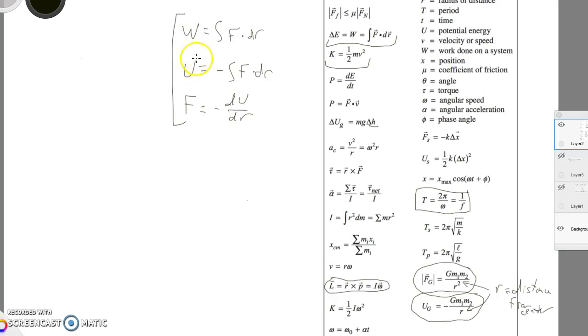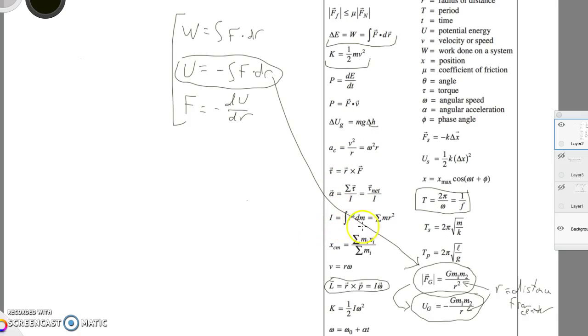Okay? And if you apply this to this equation here, that's where this equation comes from. And these are probably the most relevant formulas that we use for gravitation.